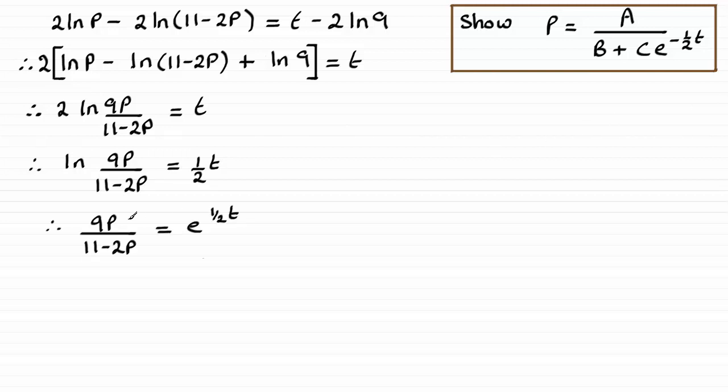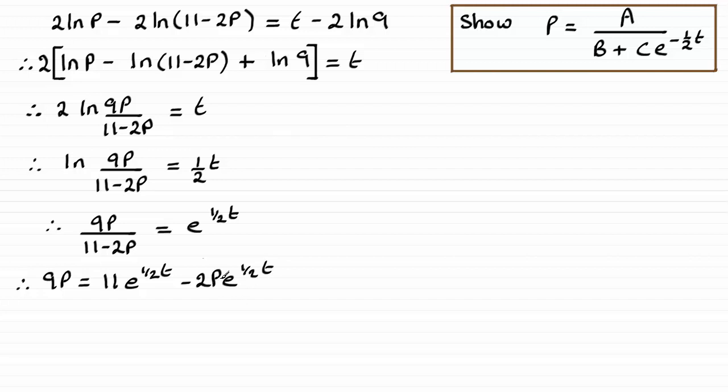So what I'm going to do next is multiply both sides by 11 minus 2p. And also, if I do that, we're going to multiply it with that e to the half t. So what I'm going to get is therefore 9p would be equal to 11 times e to the half t and minus 2p times e to the power a half t.